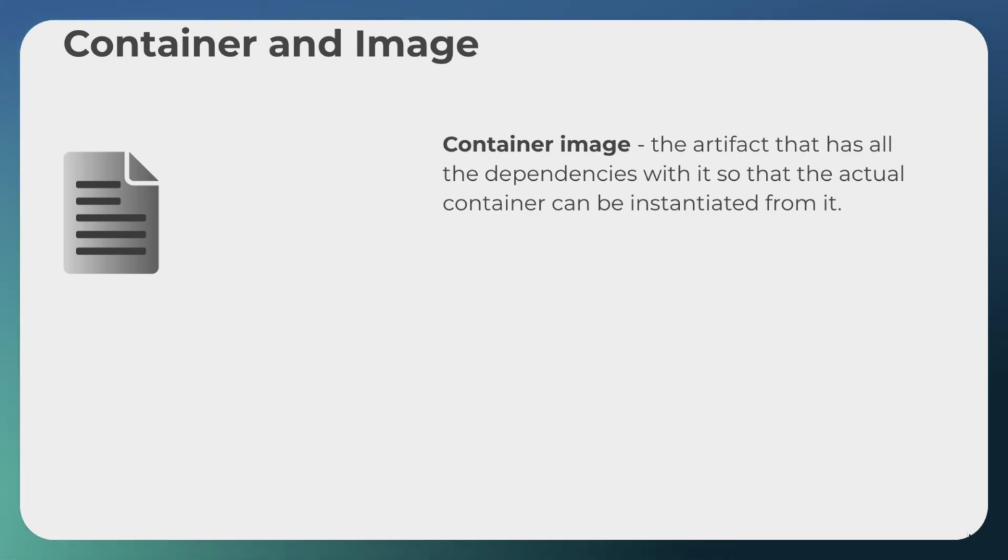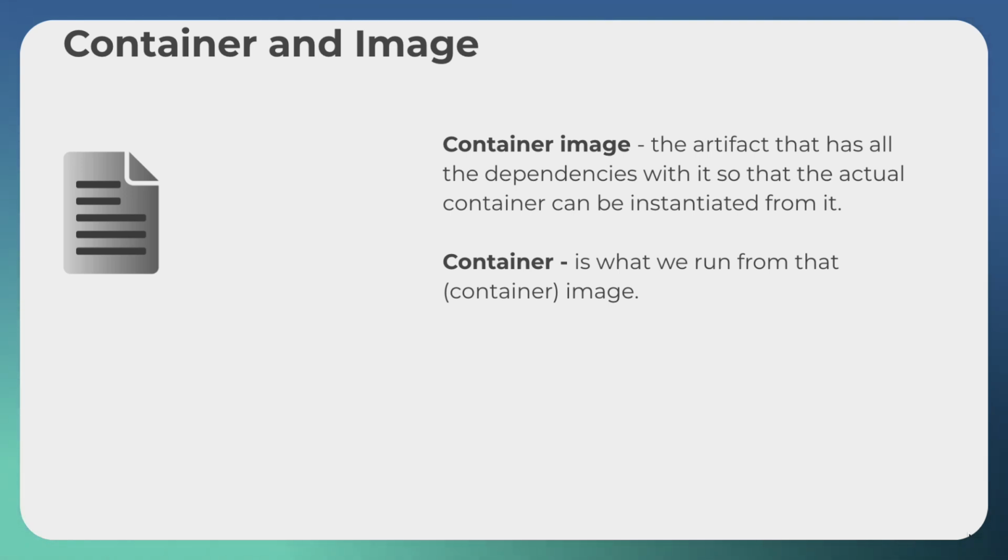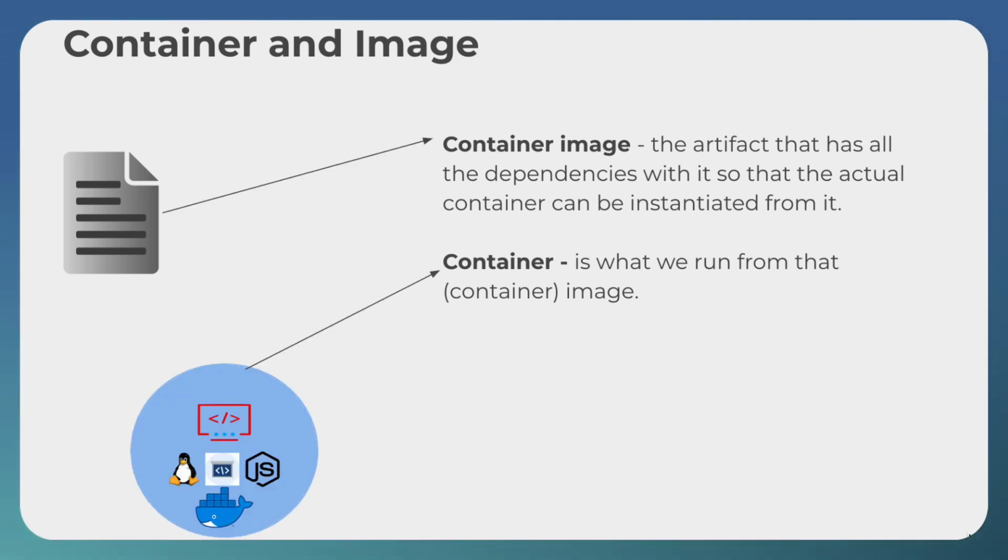So a container image is the file or files that have all of the dependencies that are needed to create the container to be instantiated from it. So essentially, a container is what we run from that container image. This would be a container as we've seen. So everything is packaged up and it actually can be run.